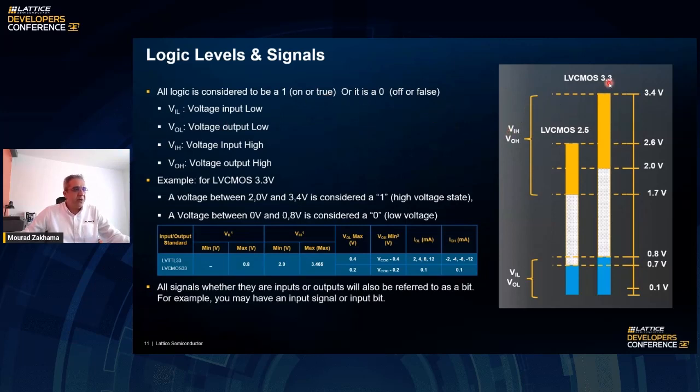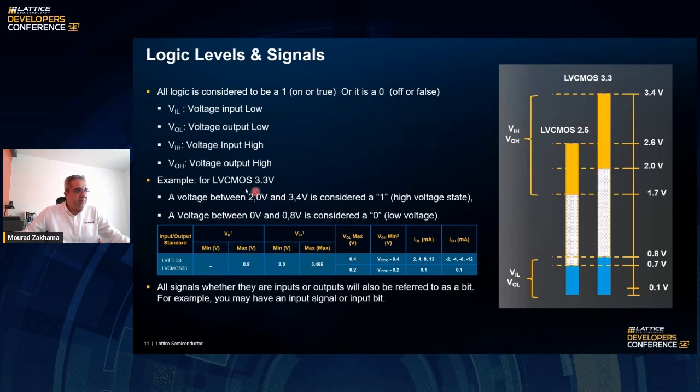For 3.3, for instance, for a logic 0, we need to have a signal between 0 and 0.8 volt. And for a signal to be recognized as a high or as a 1, the voltage has to be between 2 volt and 3.4 volt. There is a maximum voltage, obviously, for all the IOs.